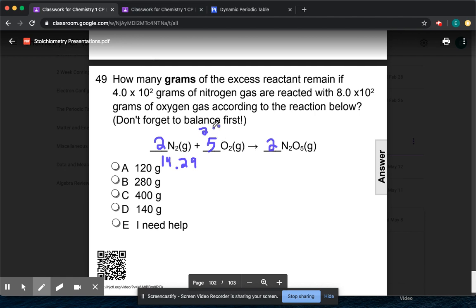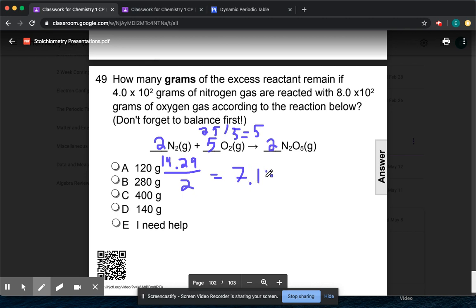We have 25 moles of oxygen. Okay. So then we got to divide this by 2 and divide that by 5. This is going to be 5. And then 14.29 divided by 2 is 7.145.